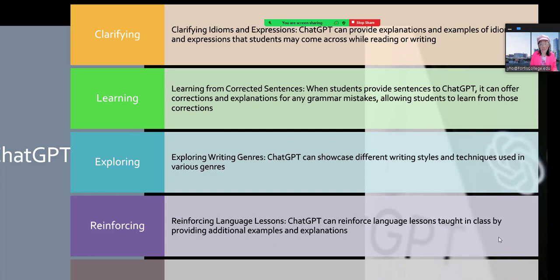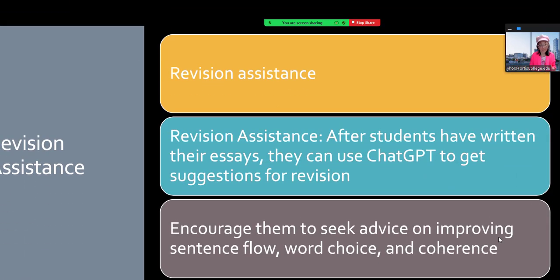Asking why questions. Encourage students to ask why questions when they encounter a grammar rule or style rule that they don't understand. Revision assistance. After students have written their essays, they can use ChatGPT to get suggestions for revision. Encourage them to seek advice on improving sentence flow, word choice, and coherence.